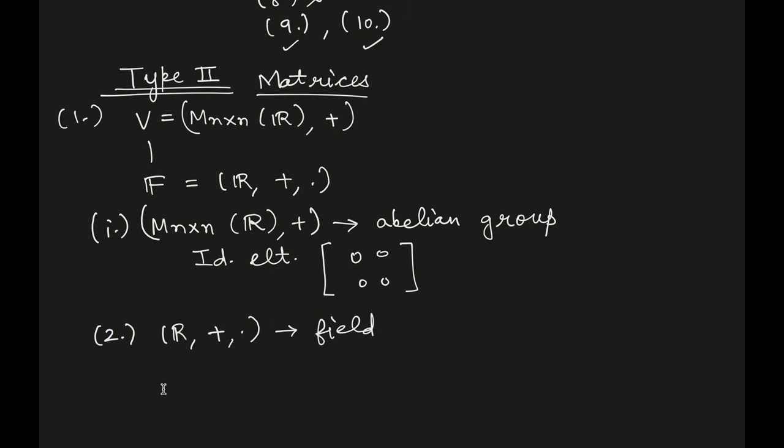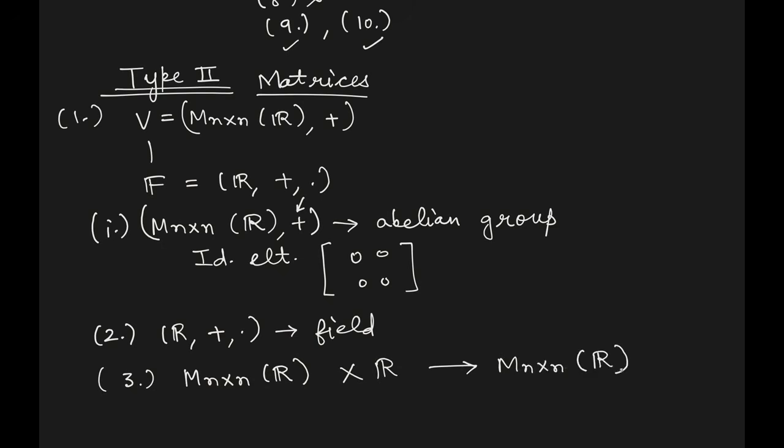So we would have to take M n cross n as non-singular matrices if an inverse were needed, but here the operation is addition. Then M n cross n R into R will again be a matrix only.